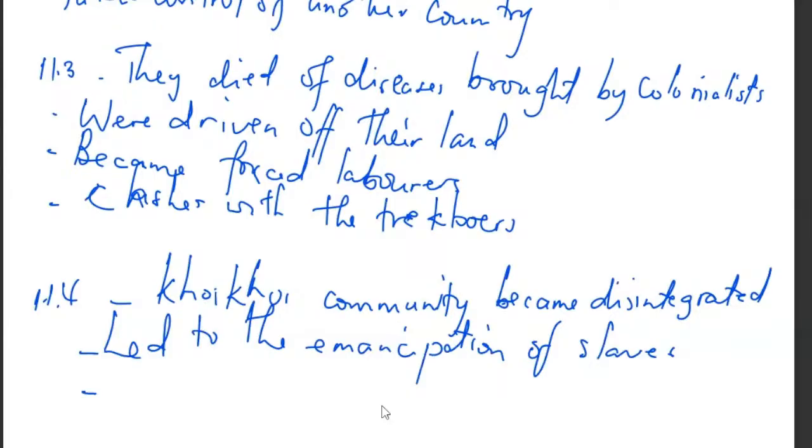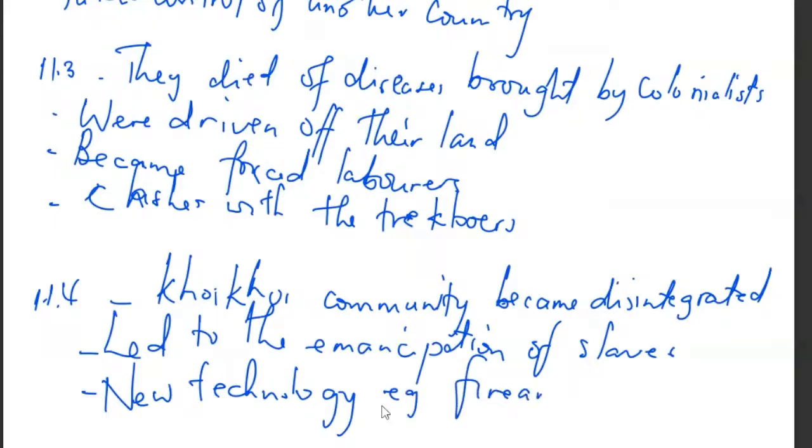Then it was also positive as we look at the side of technology. The coming of the colonialists, they brought technology. We can give examples here of firearms. Initially, the African societies did not have access to firearms. They did not even know about such inventions.